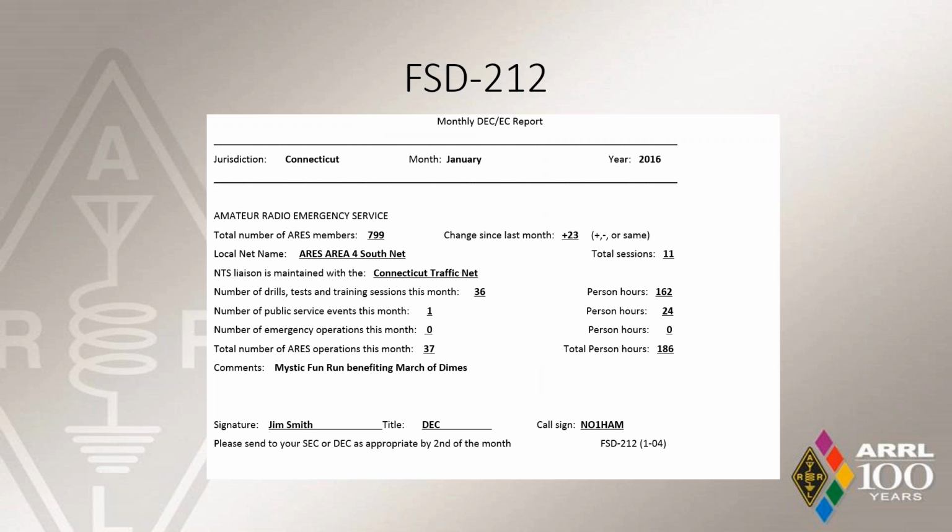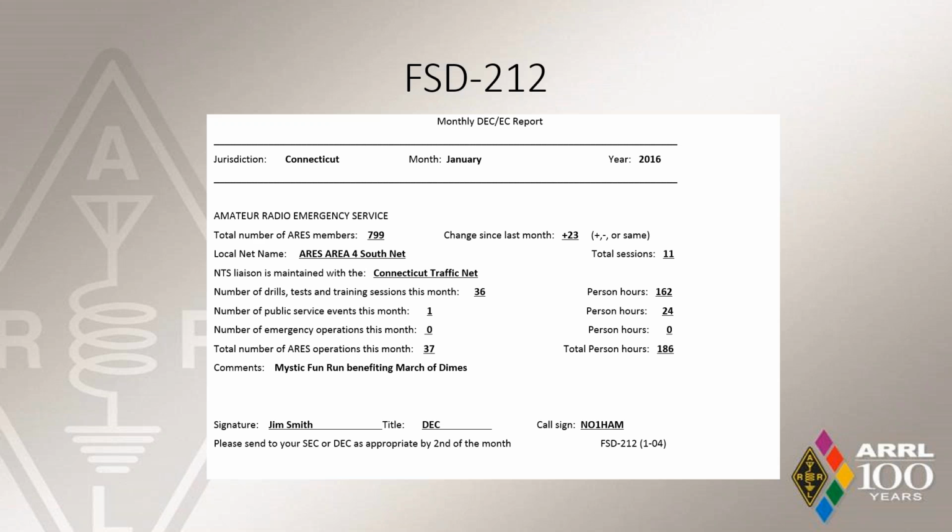Here's an FSD filled out. Since it's currently a Word document, you have to put the information in by hand. But as you can see, we're looking to gather information on ARES members. How many since last month, plus or minus.